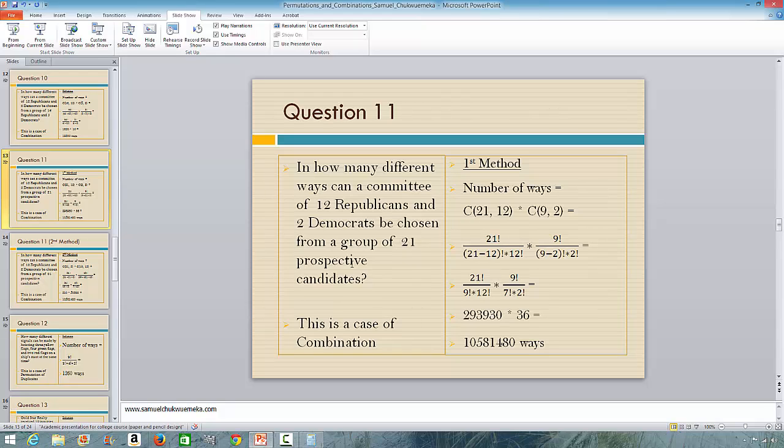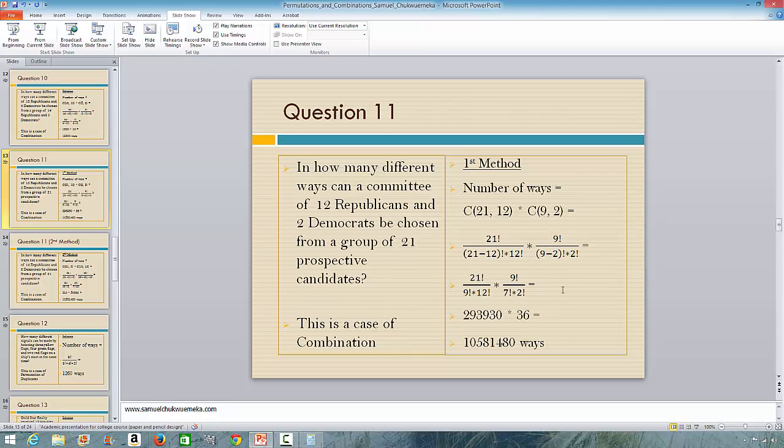The first method is to choose 12 Republicans from the 21 people first, and what is remaining, 21 minus 12, is 9. Then you can choose 2 Democrats from the remaining 9 people. Once you choose the 12 Republicans from 21 people, you only have 9 people remaining, and then you choose 2 Democrats from those 9.